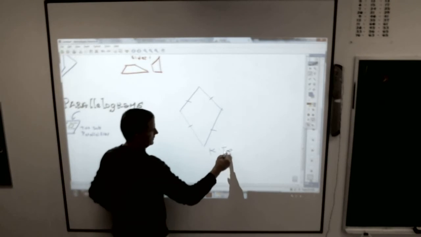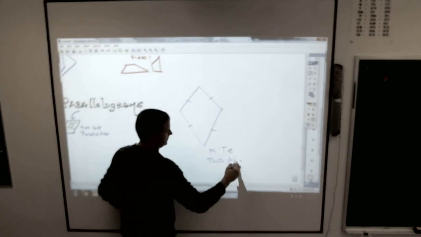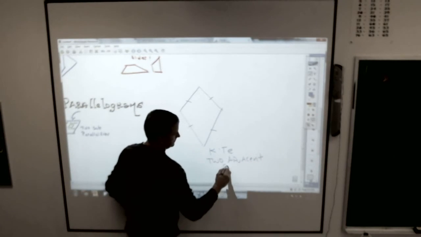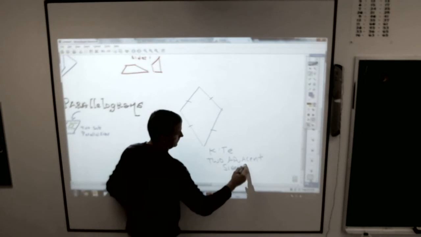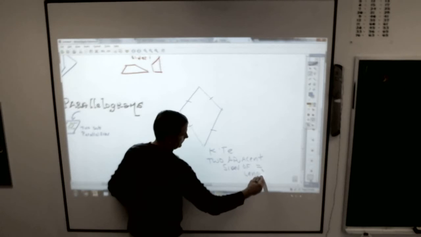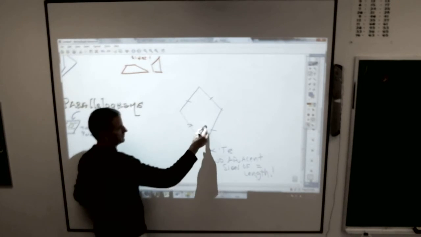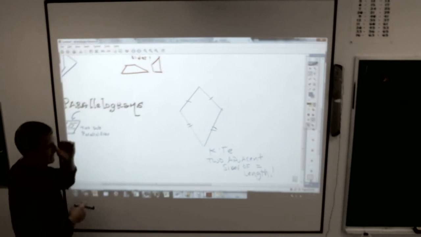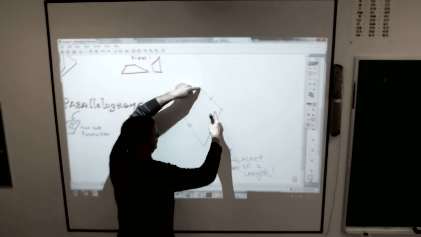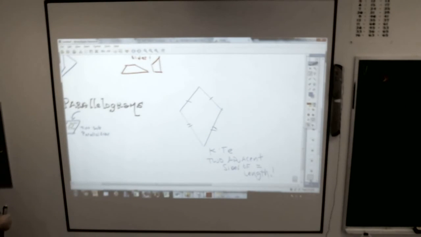But the definition is 2 adjacent sides of equal length. A kite is not a parallelogram, even though these kind of look like it, these two lines can't be and will never be parallel in a kite.